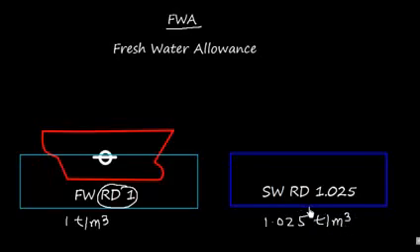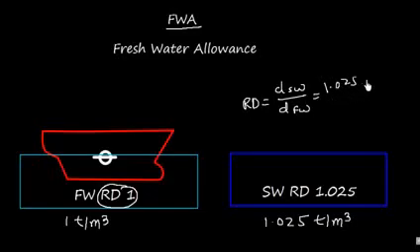The relative density is the ratio of the density of a substance to the density of fresh water. So in case of salt water, the relative density will be the density of salt water divided by density of fresh water. So in this case, it is going to be 1.025 divided by 1, or simply 1.025. Relative density doesn't have any unit.